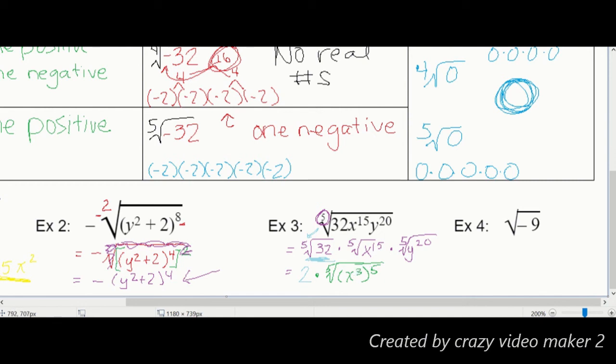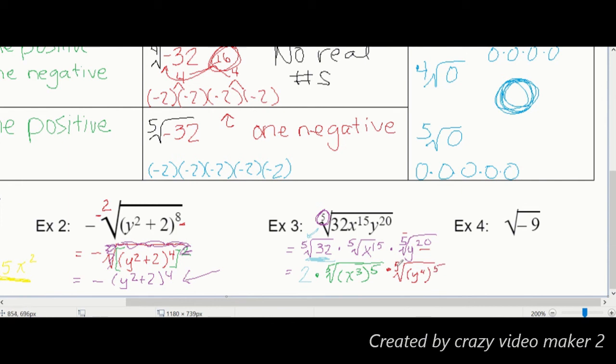And then our last part, we have the 5th root of y to the 20th, but we're saying what's 20 divided by 5? Well, it's 4, so we'll have y to the 4th to the 5th. That way that 5 on the outside can cancel with this 5 on the outside.